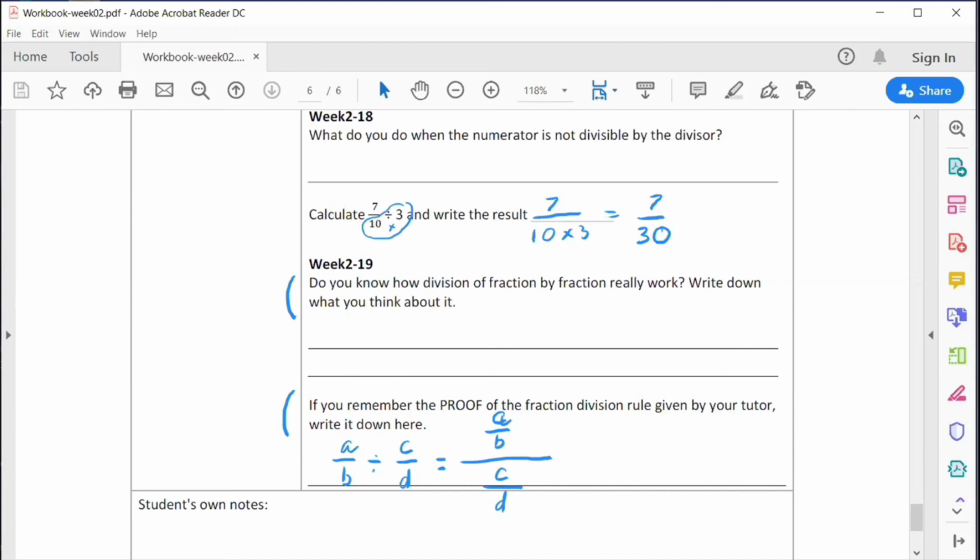Now, you want to destroy the denominator of some of these, all right? So first, I look at the top, I see that A out of B, so I want to destroy B. So I'm going to times B to top and bottom.